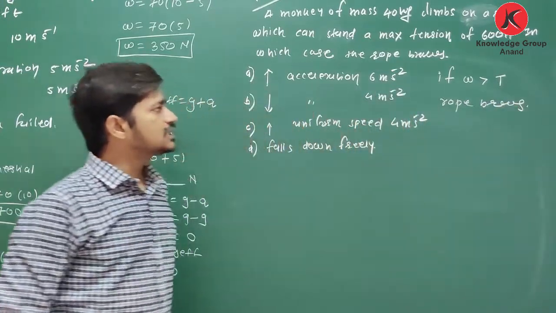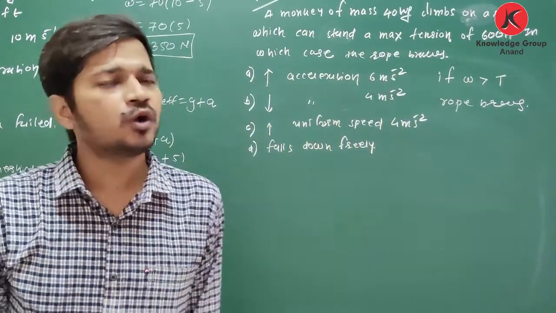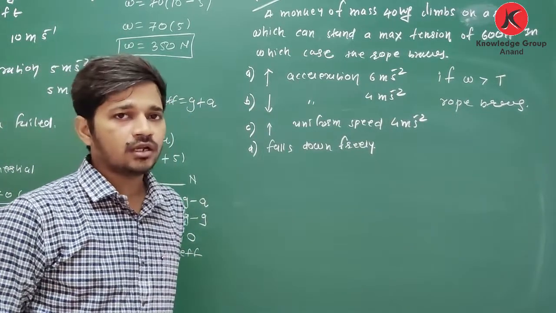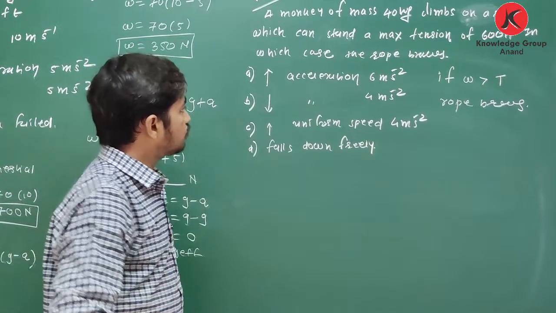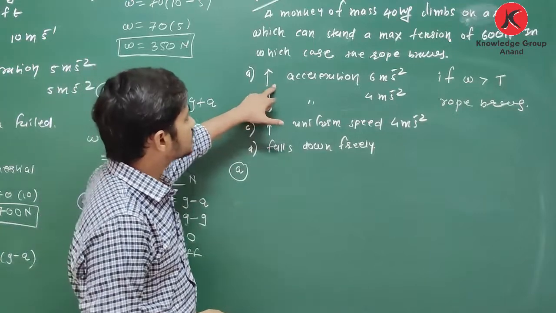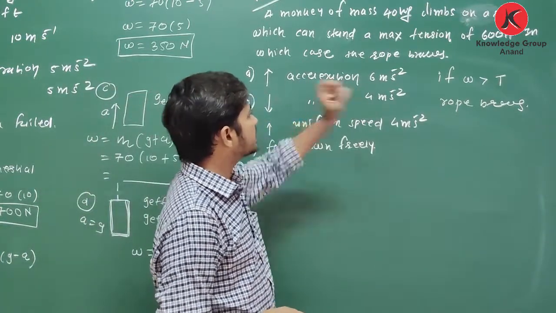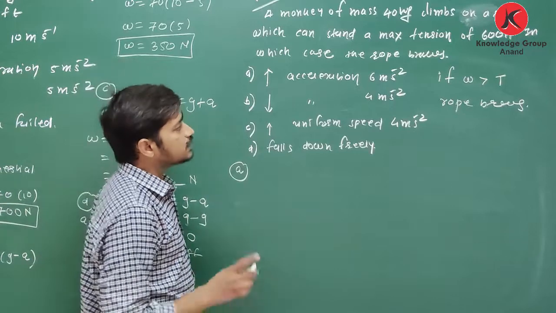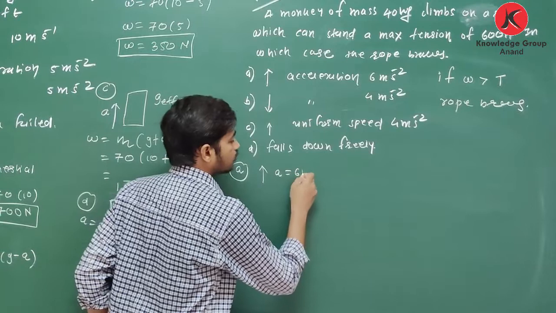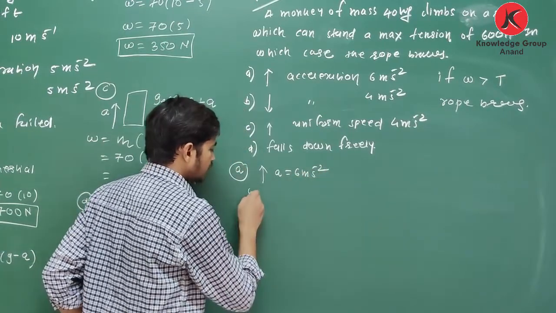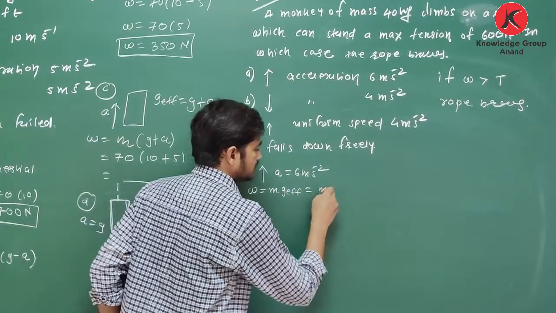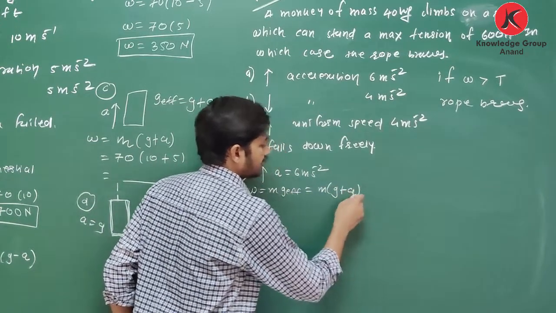Clear about this? So in each and every case we have to find what the weight is. Okay, see how to find. First case, when the monkey is moving with acceleration 6 meter per second square upward, with acceleration a equal to 6 meter per second square. So we know that W is equal to m g effective, which is m(g plus a).